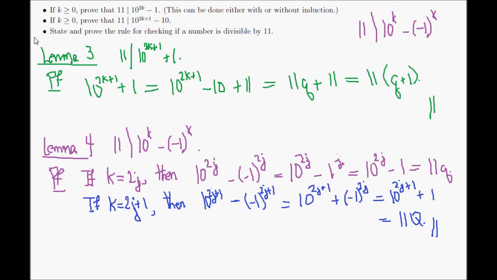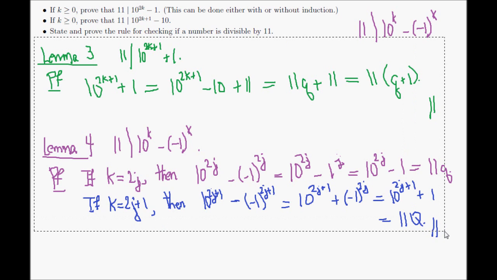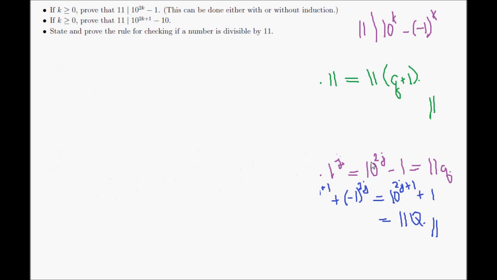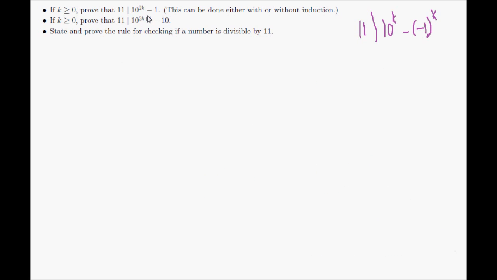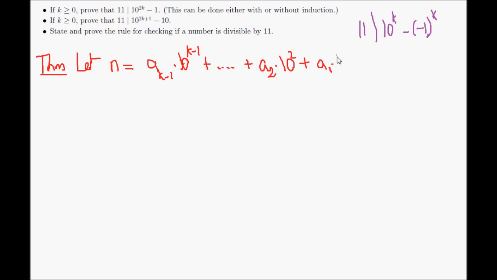Okay, so finally we are now in position to state and prove the rule for checking that a number is divisible by 11. And the rule goes as follows. Theorem. Let n be equal to a sub k minus 1 times 10 to the k minus 1 plus a sub 2 times 10 squared plus a sub 1 times 10 plus a sub 0.